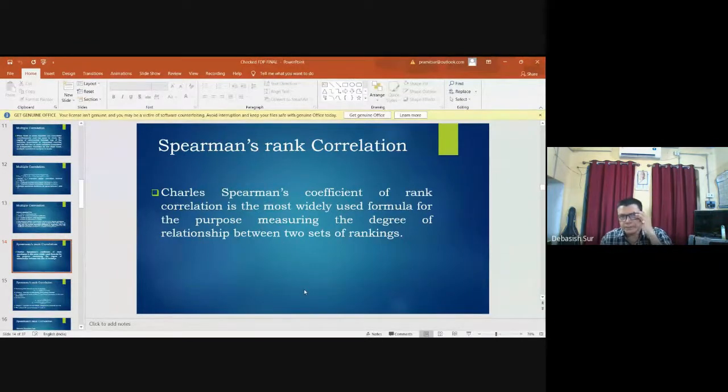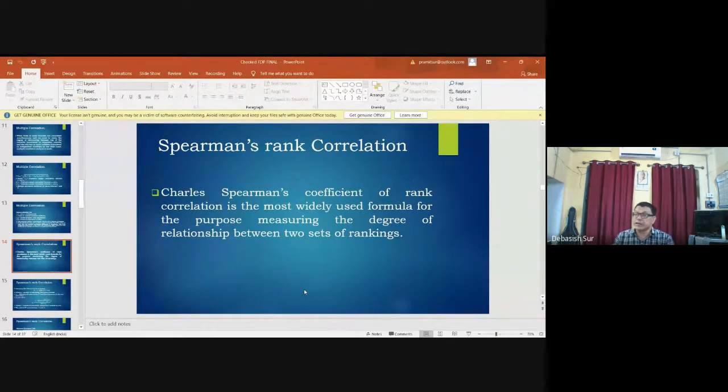Next one is Spearman rank correlation. We all know that if we have two variables and we want to determine the degree of relationship between them, we generally use Pearson's simple correlation coefficient.